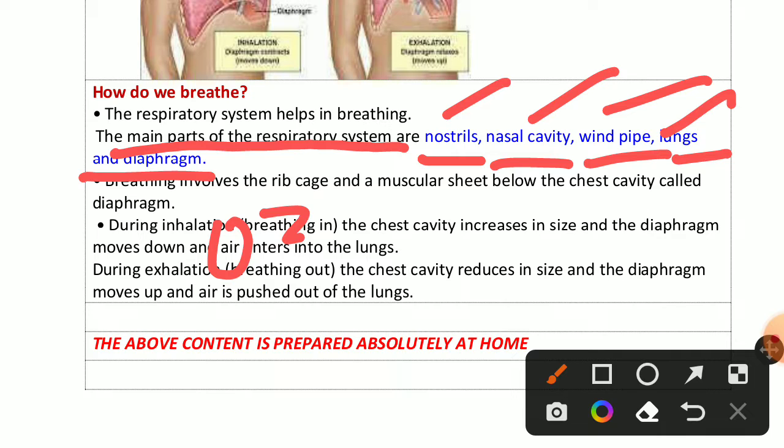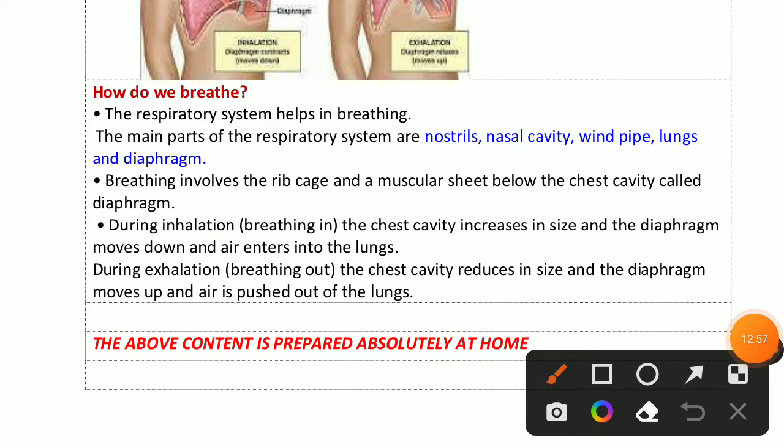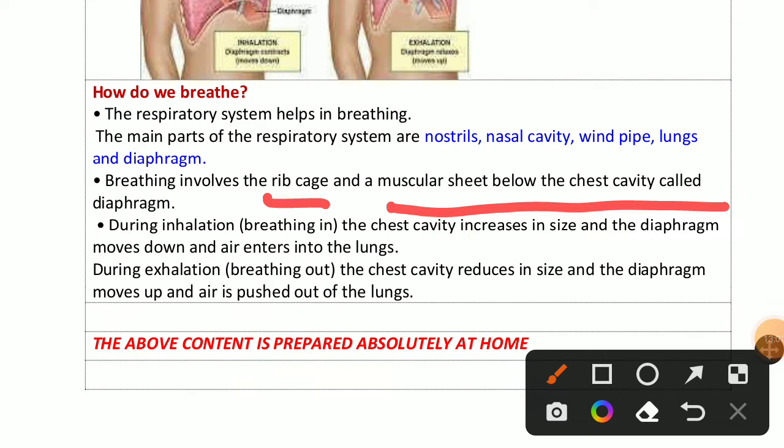Last one, diaphragm. Diaphragm is called the muscular sheath of the chest cavity. It is located below the lungs. Next point: breathing involves the rib cage and the muscular sheath below the chest cavity called the diaphragm. This is a very important point, because the rib cage is bones.